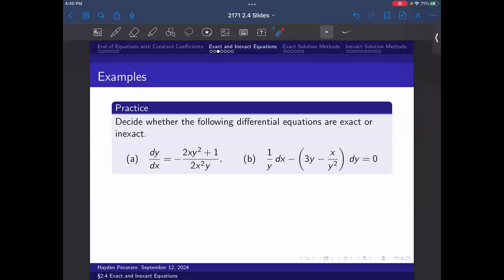I get 50-50 chance. Actually, you have like a what? This part should be hard. Yeah.